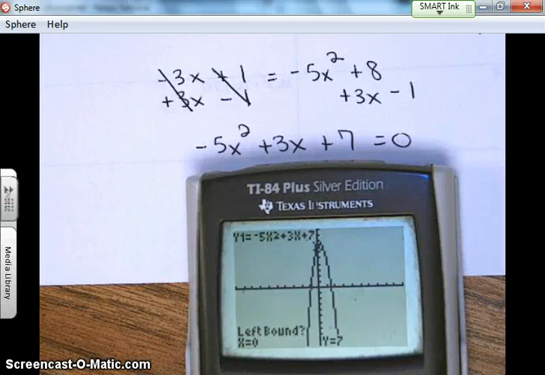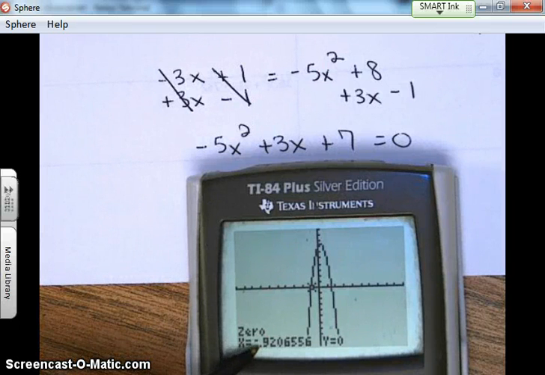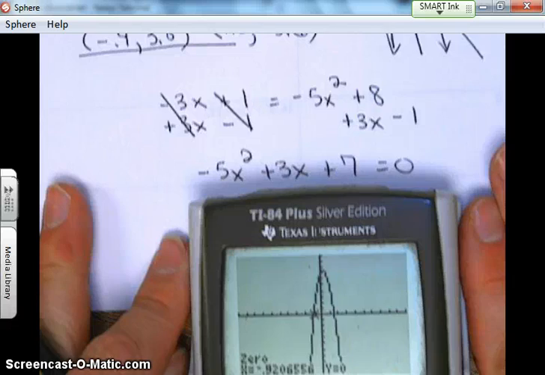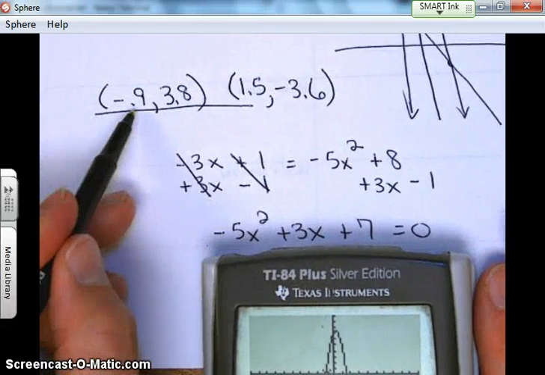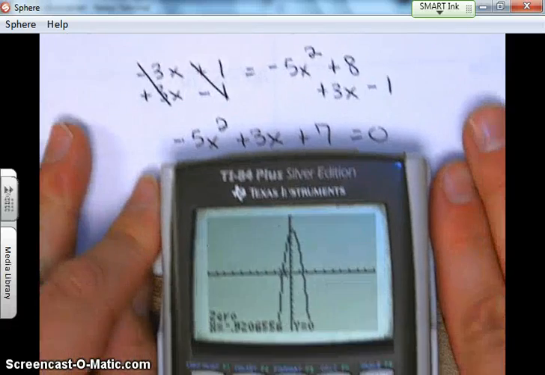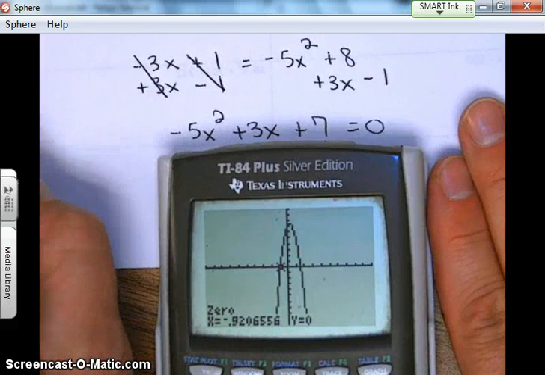Okay, and we're going to go to the left of the 0, enter, to the right, enter, enter. What do you notice? Negative 0.9. Look back up at our answer. Negative 0.9.